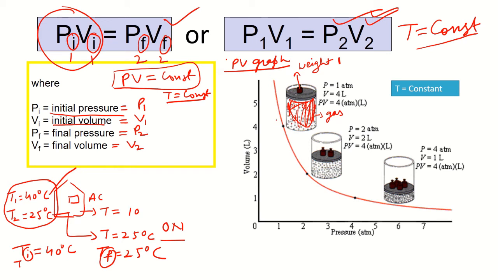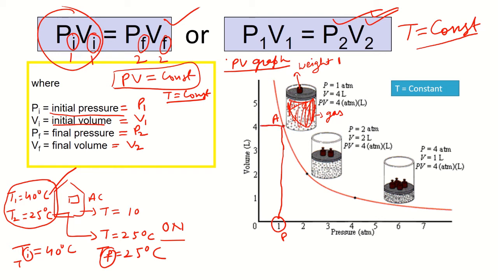If I say this is point A, at this point A, what is the value of the pressure? If I drop down like this, it will come here. This is the value of the pressure at point A. And what is the value of the volume?